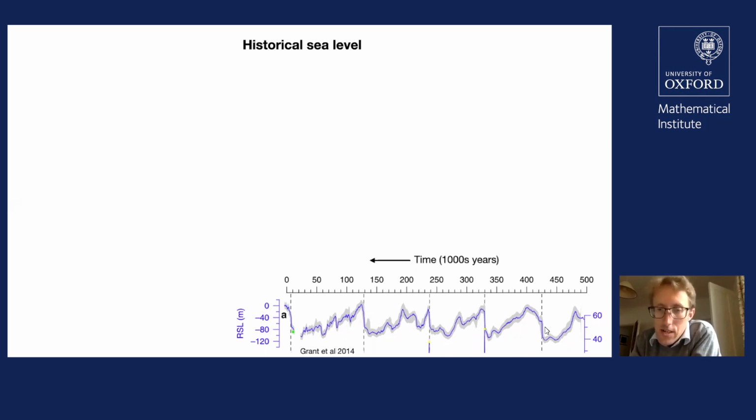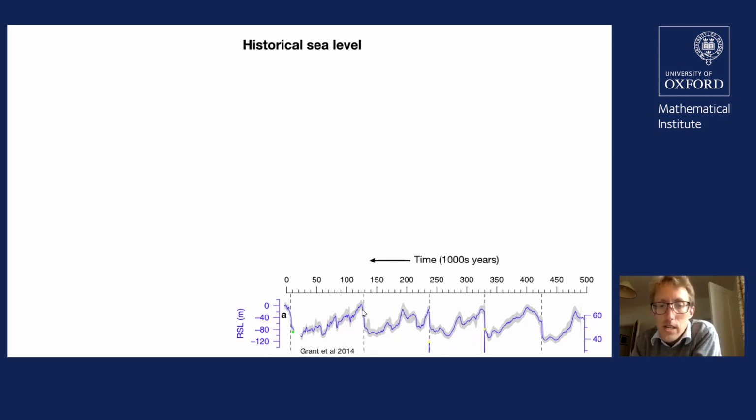And this is sea level. The vertical axis is about 100 meters, and so it's going up and down by quite a lot. This is the growth of big ice sheets, like covering the UK and North America, as the sea level is going down. And then when they melt, the sea level goes up again. So we're currently on the left-hand side of this diagram.